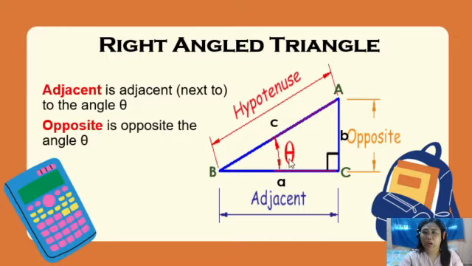So, if this will be our given angle, ang side opposite ay si small letter B. The longest side is the hypotenuse. Always remember that the hypotenuse is the side opposite of the 90-degree angle.